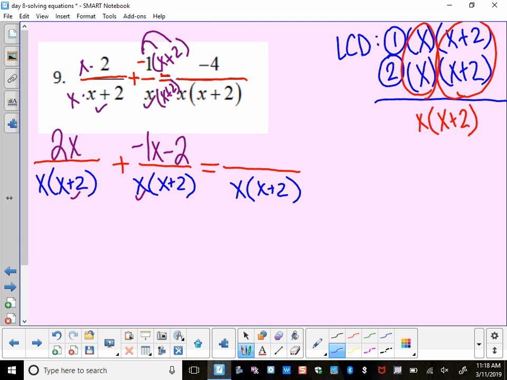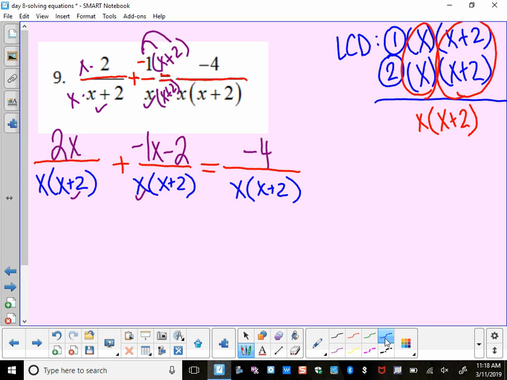We keep it in parentheses so we can see that we have to distribute that -1. Which is also why we changed my minus to a plus and my 1 to a negative, so you can see that you have to distribute. My last fraction, nothing changed, so I keep my -4.